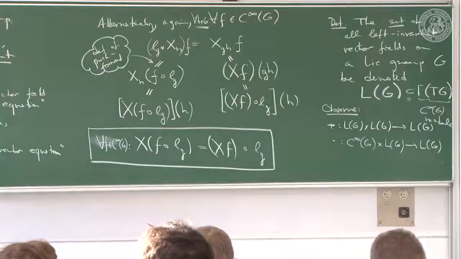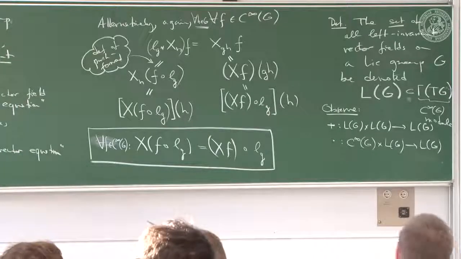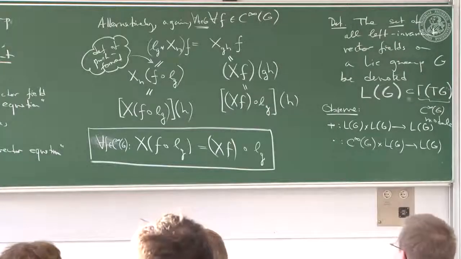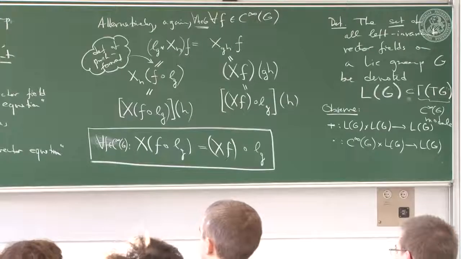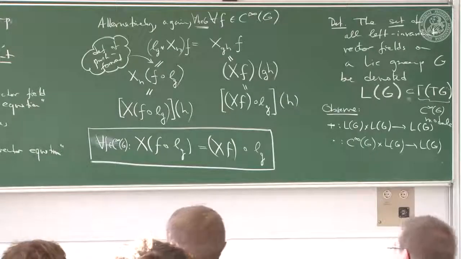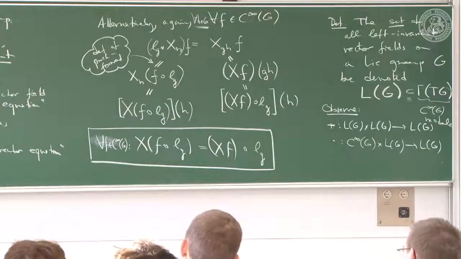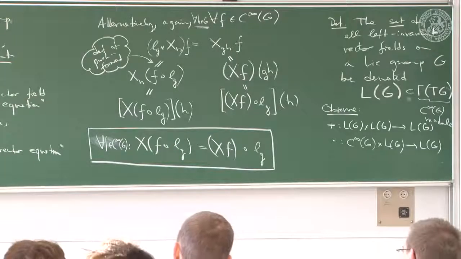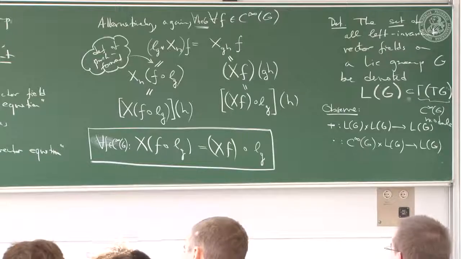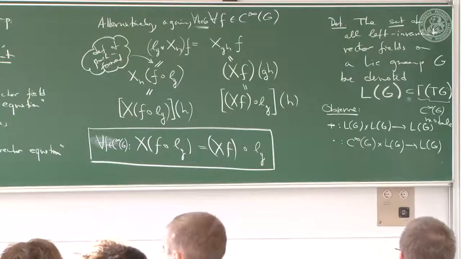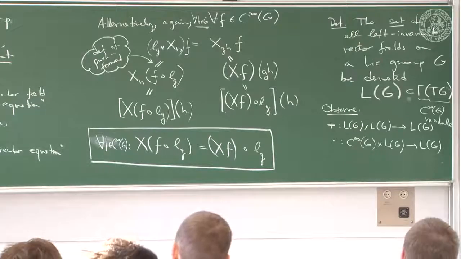But both of this, hang on a second, C infinity, well, that is not so clear. LG, no, it is, and why is it? Well, because the push forward is linear if it goes from point to point. The question is, is it C infinity linear? Is the push forward C infinity linear?